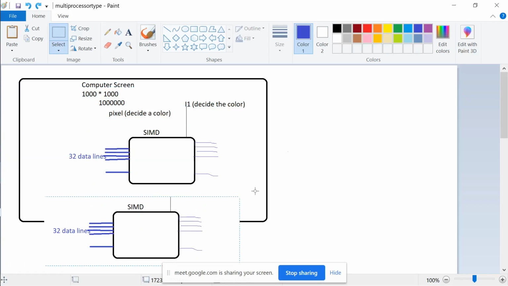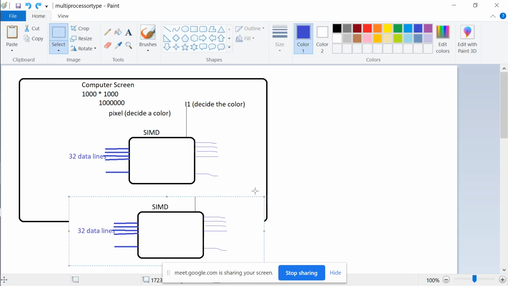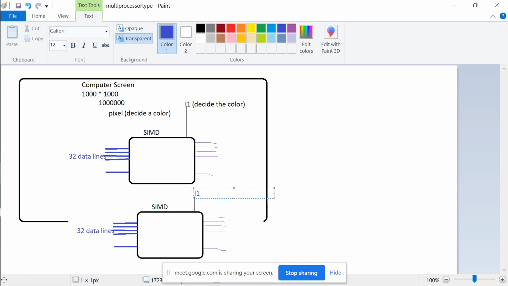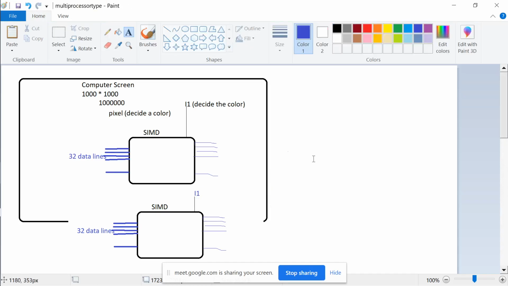If I have two SIMD processors inside my computer, then I can process 64 data points, and I can also either give the same instruction, or in this case let us assume I'm giving the same instruction I1, to decide the color. So which means now 64 data lines can be processed and 64 pixels can be processed.